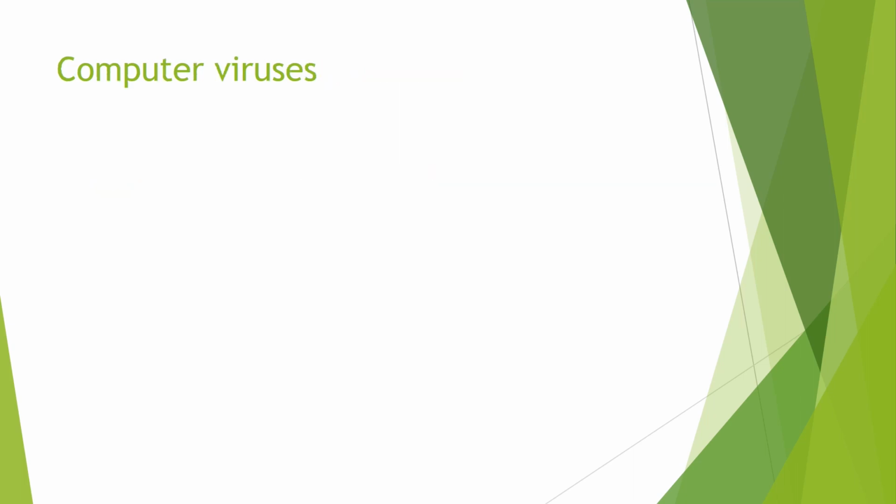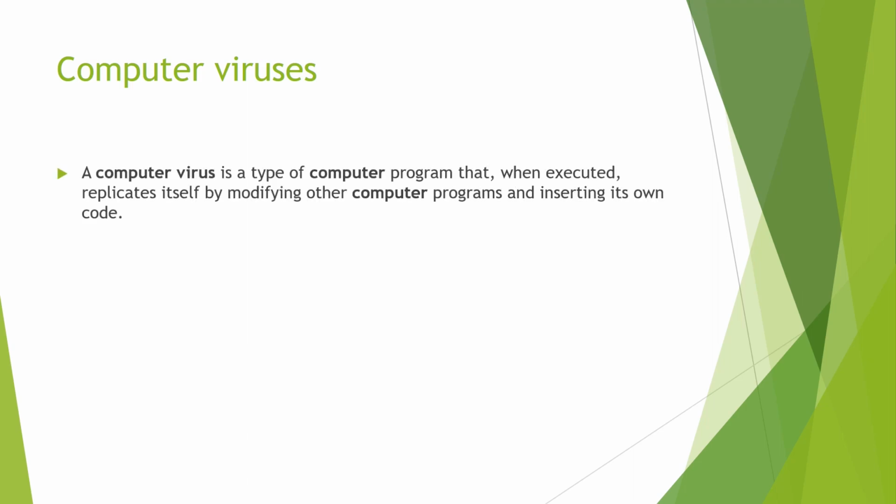The first source of security threats is computer viruses. Computer viruses are one of the biggest threats to data security. A computer virus is a dangerous program. It can travel with a data file, such as a Word document or a spreadsheet.